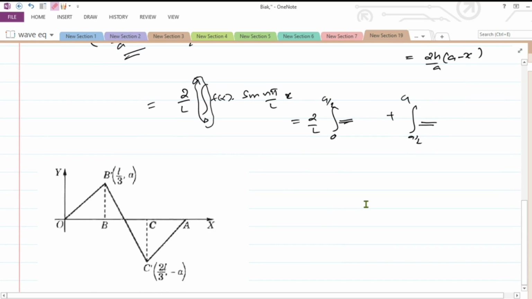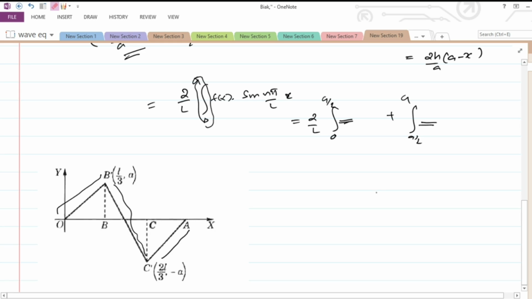Similarly, for problems where the string is plucked at two points with equal deflections, the figure is like this. You can also find the solution for this part, this part, and this third part.